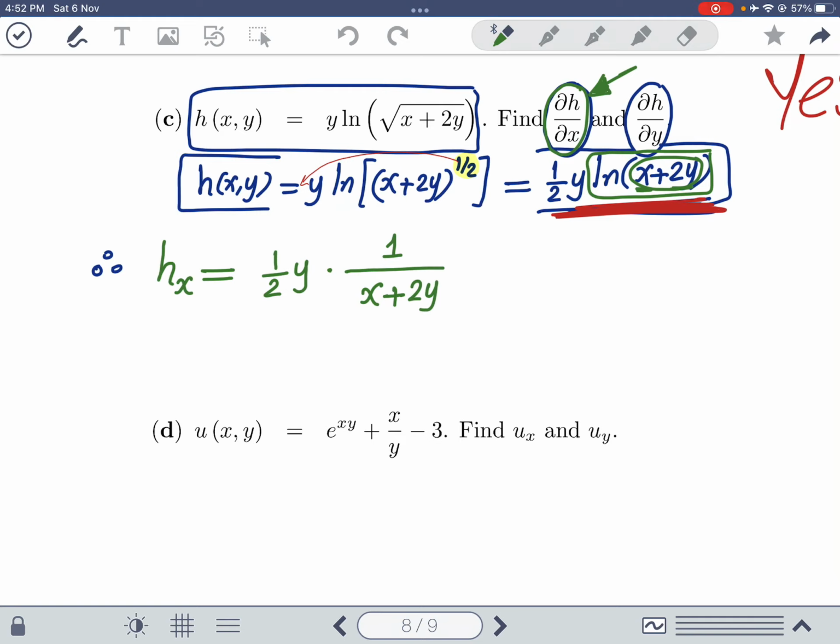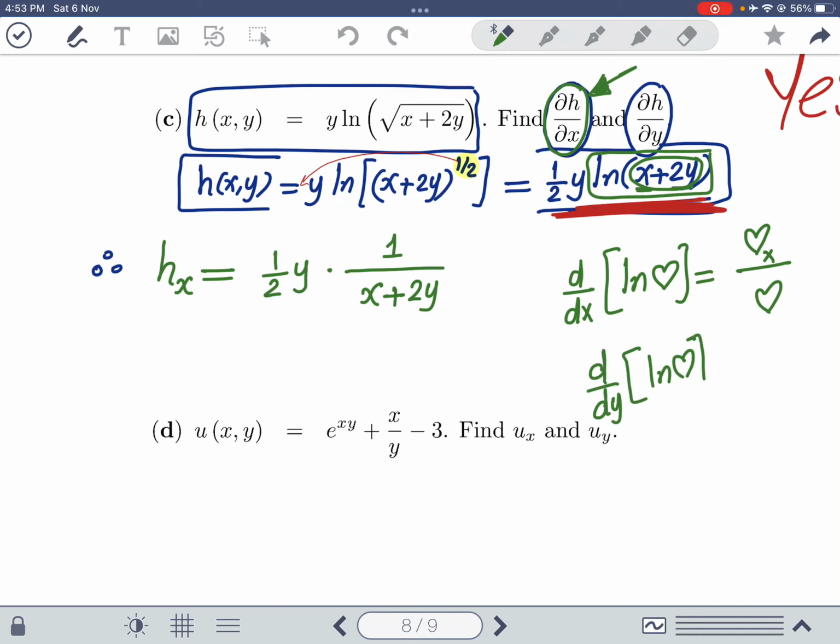So I will remind you of this. If you have ln of heart, and someone asks you, find the derivative with respect to x, then it just becomes heart in the denominator and then here take its derivative with respect to x. Or if they ask you with respect to y, take the derivative of ln of anything, that's why I'm calling it heart, then heart in the denominator, and here it's the derivative but with respect to what they're asking you.